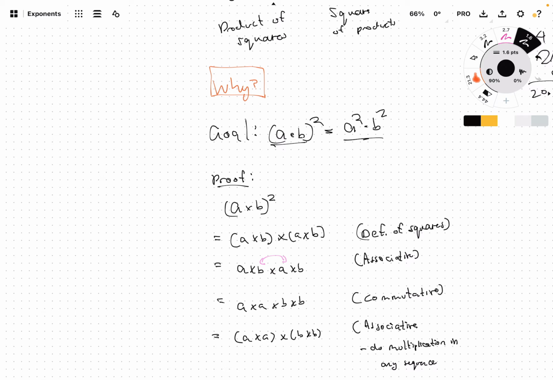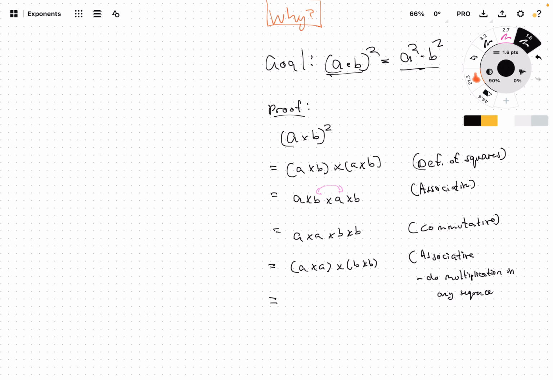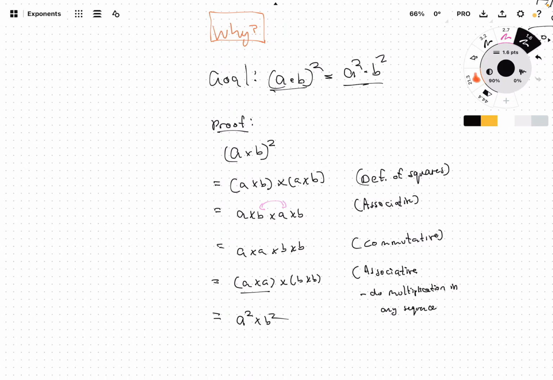So you can do, it doesn't matter which multiplication you do first, right? And then after that, what's a times a? Well, that's a squared by the definition times b squared. So all this is saying is, I'm just using the definition of squares. And then I'm done.